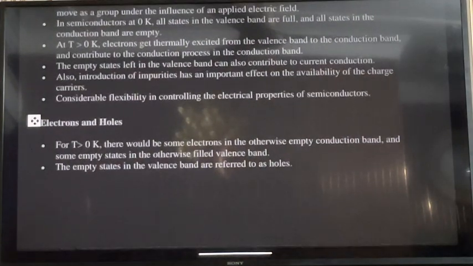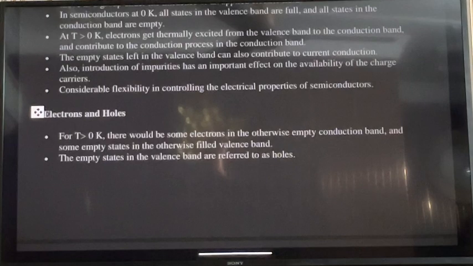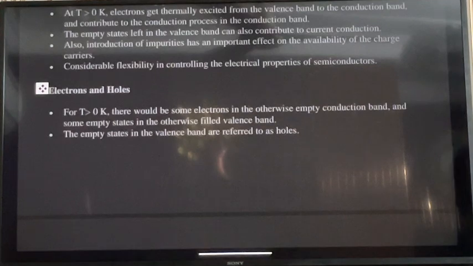Also, introduction of impurities has an important effect on the availability of charge carriers. That's how we built diodes, considering flexibility in controlling the electric properties of semiconductors. Basically, we have various types of semiconductor devices.